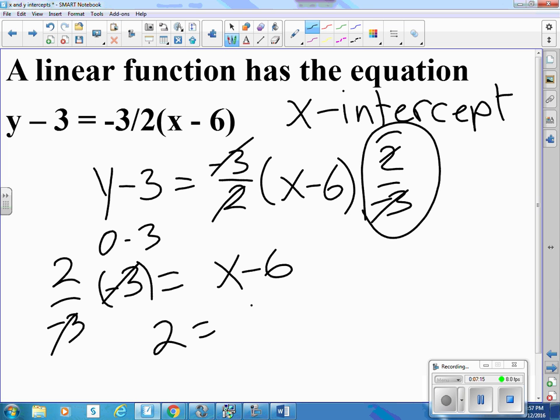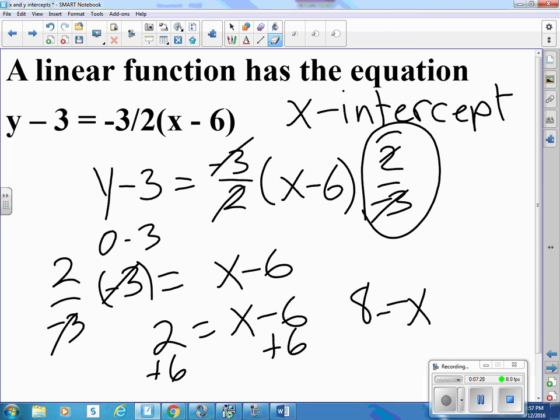So 2 equals x minus 6. So to get the x all by itself, I just add 6 to each side. X is equal to 8. So the x-intercept of that equation is 8. Crosses the x-axis at 8, or over 8 up 0.